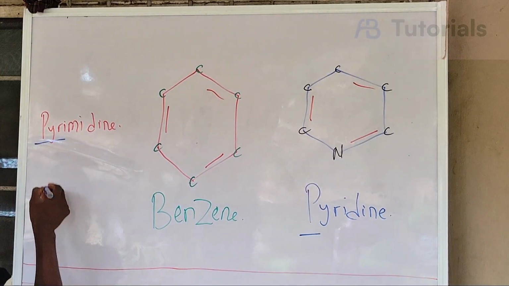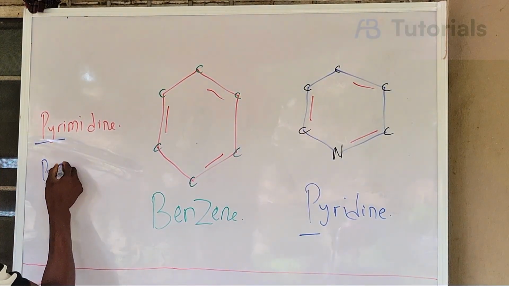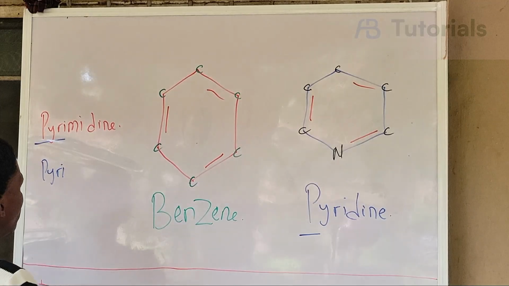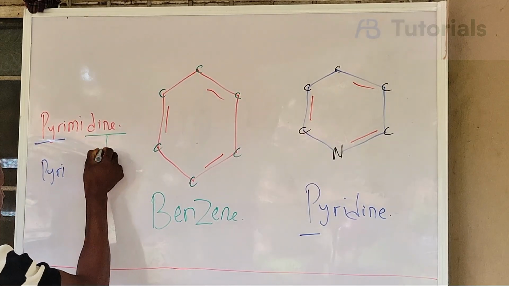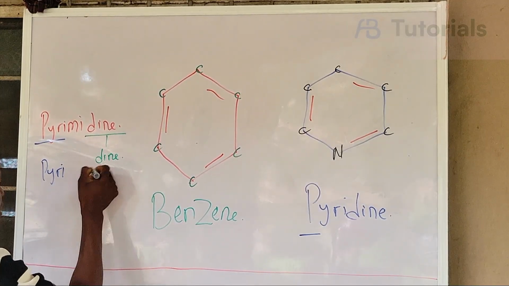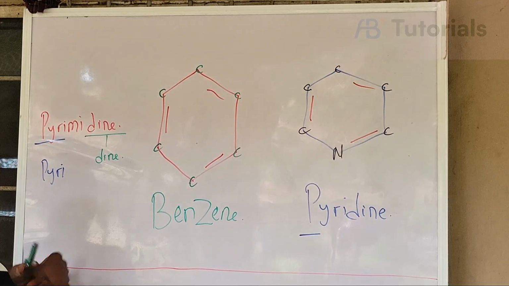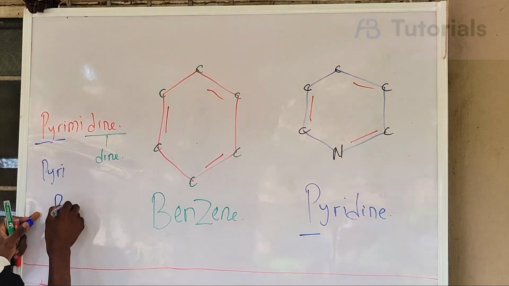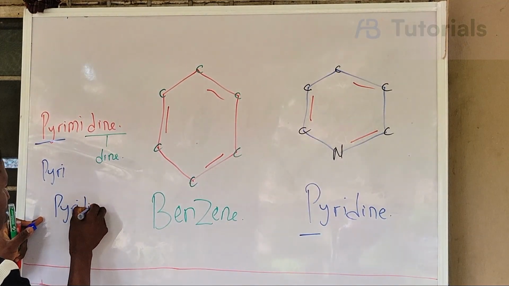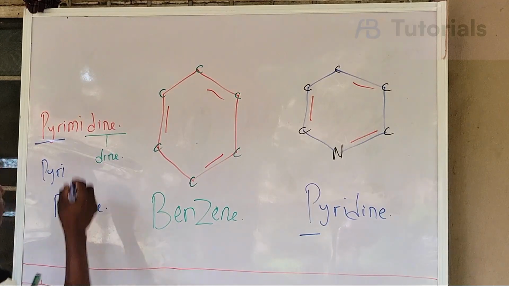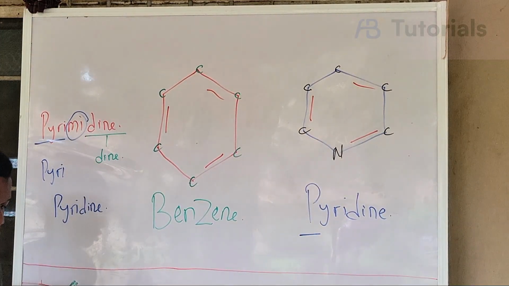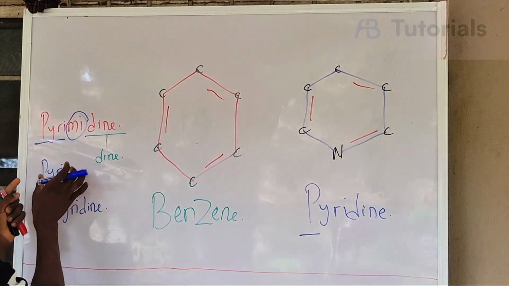From here, I have pyri. Here, I have din. So bringing it down, I have pyridine. So it will remain mi. Okay, from pyrimidine, we can bring out the pyridine.